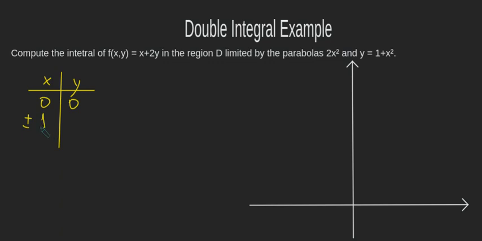When x is plus or minus 1, 2x squared will be 2. And when x is plus or minus 2, x squared will be 4, 2 times it will be 8.